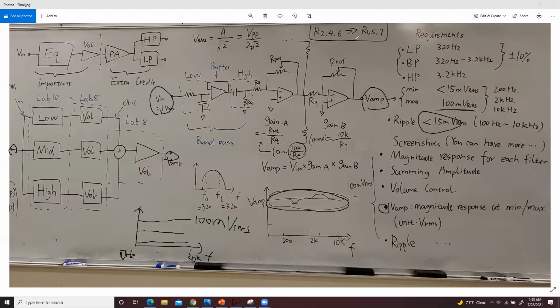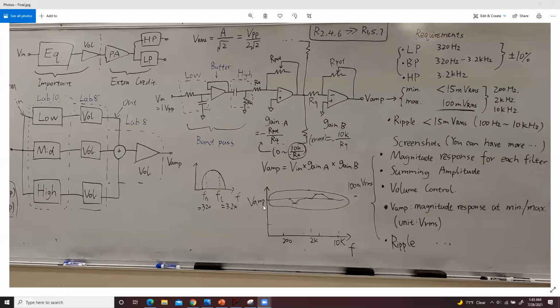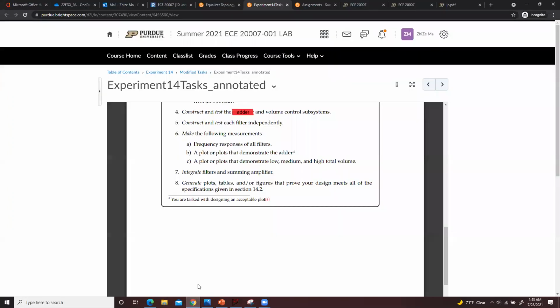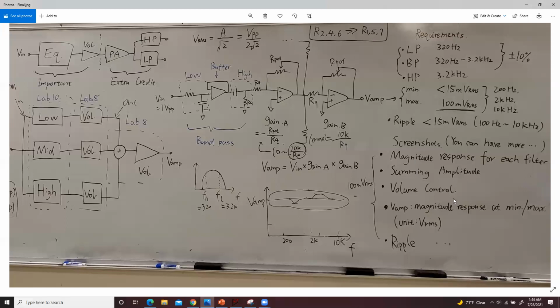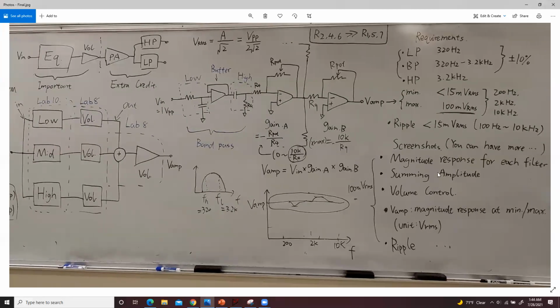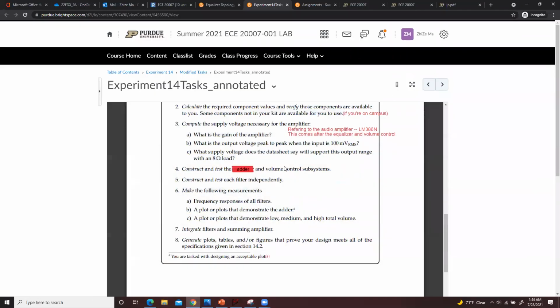Okay, so those are the screenshots you need to put in your final report, and that's already mentioned in this document. You can either use this document to take a screenshot, or you can use the things I wrote in here to take a screenshot.